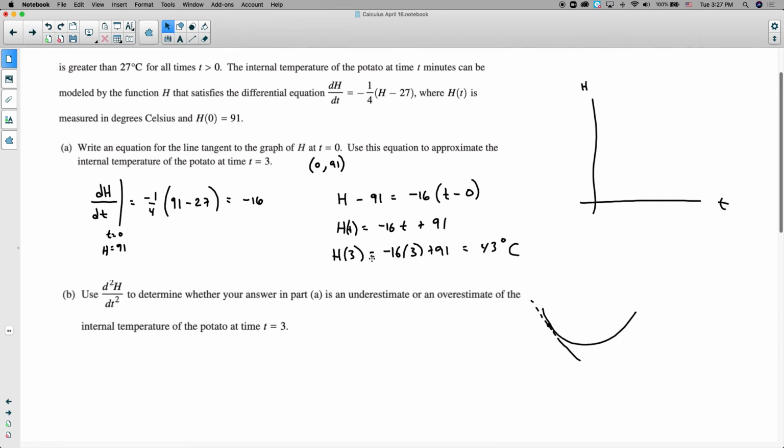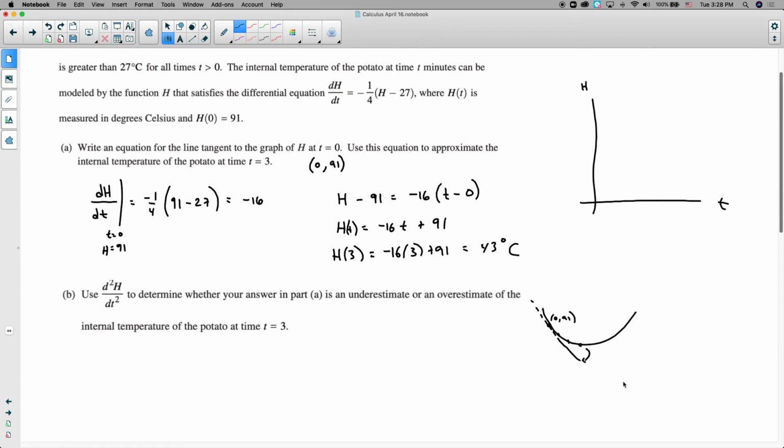Right, that's the slope of it. And this would be the point 0, 91, and 1, 2, 3 would be somewhere over on this side. So if that was the point 0, 91, you could say that 1, 2, 3 is somewhere over here. And then you would see that R value, which is on the line, would be an underestimate.